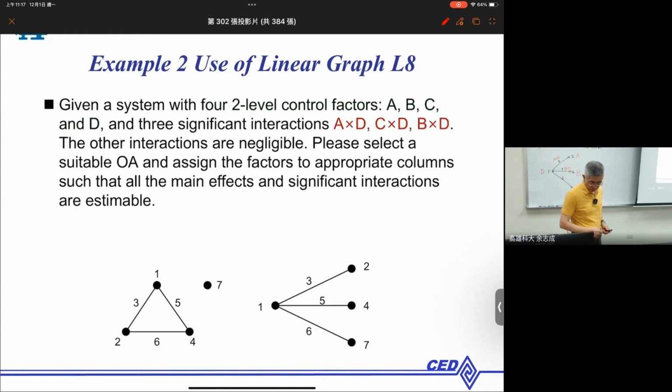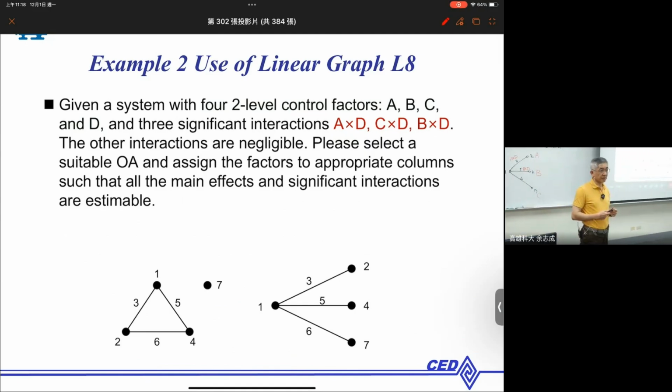And how about another example? This time we have 3 interactions. A, B, C, D, but AD, CD, and BD. First we need to select which linear graph will be suitable. 4 dots, 3 lines, 4 dots, 3 lines. It seems this one and that one are both okay.